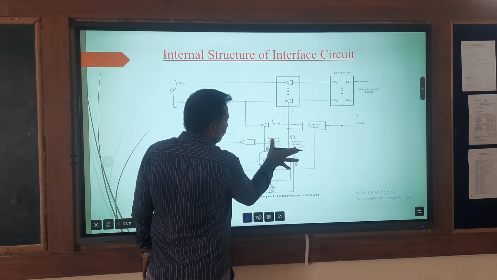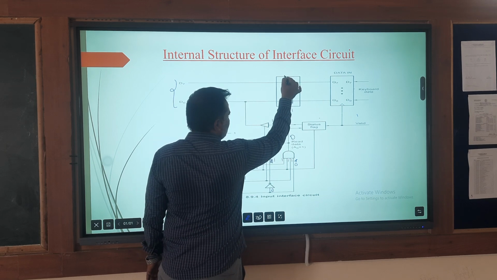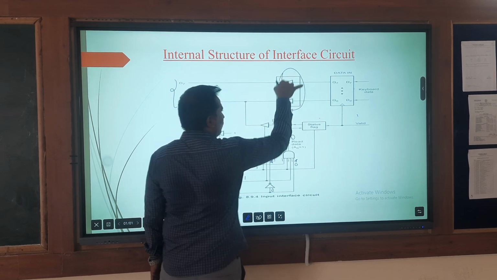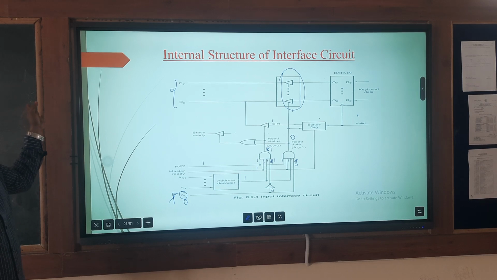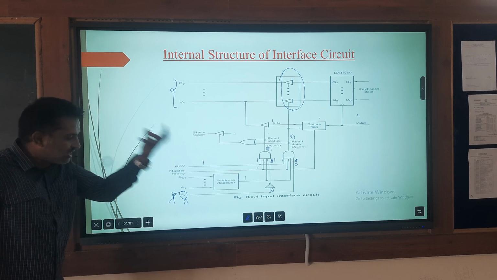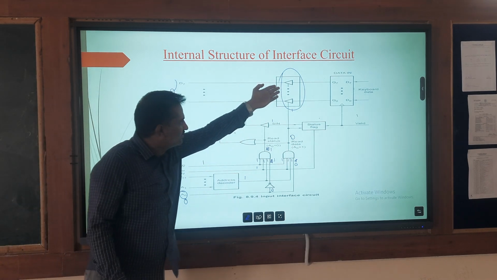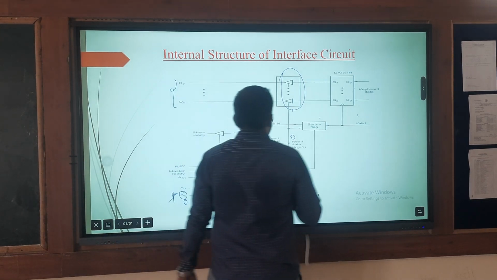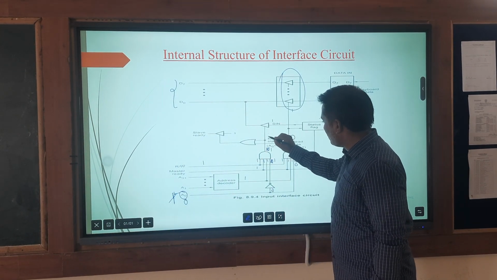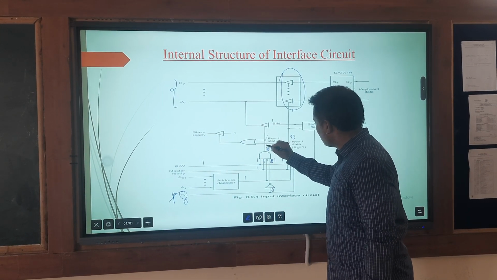So now see my friends, if it is 0, then there will be no enable of the driver circuits, or no enable of the tri-state buffers. So the processor won't read any information from the data in register to the processor. That means it may not receive the data whenever these driver buffers are 0. Okay, now this one will become 1, and this one will become 0.